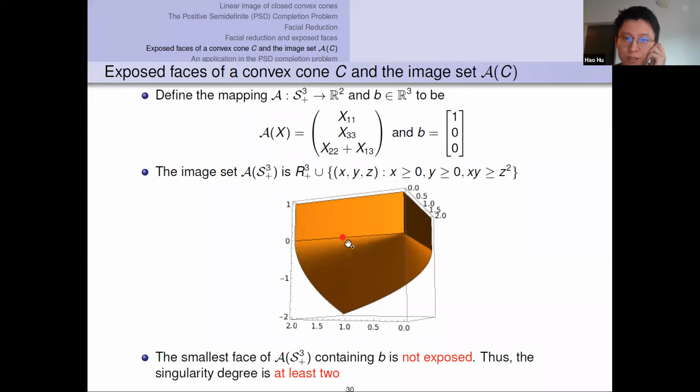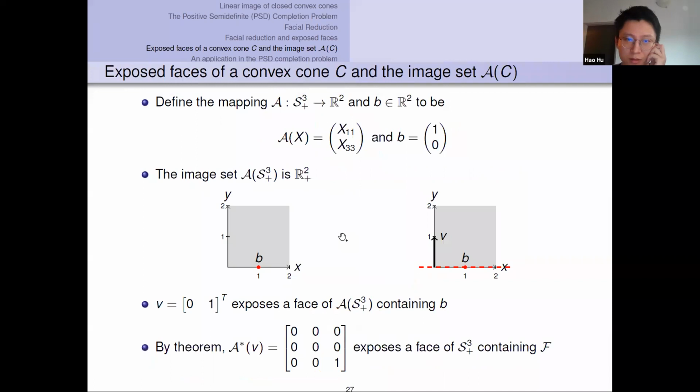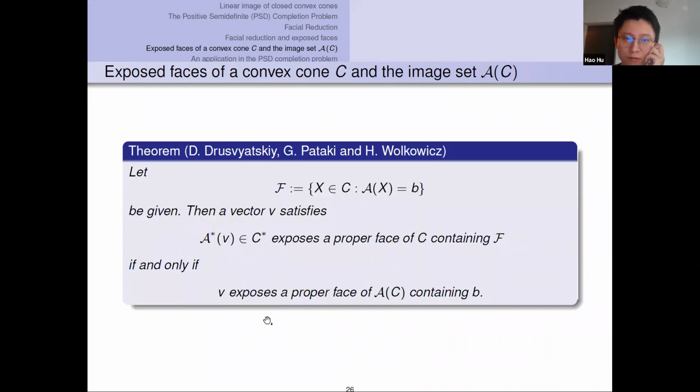Because if the smallest face of A(C) containing B is exposed, then we have a vector V exposing the minimal face. And by the theorem, A star V is going to be a minimal face of the original problem containing the original feasible set. So the singularity degree is 1.